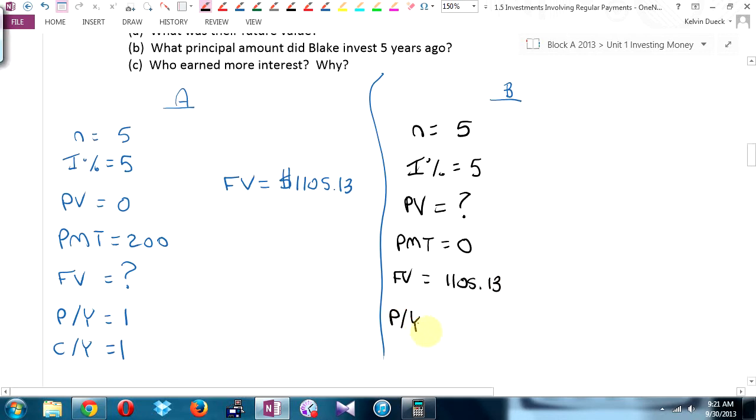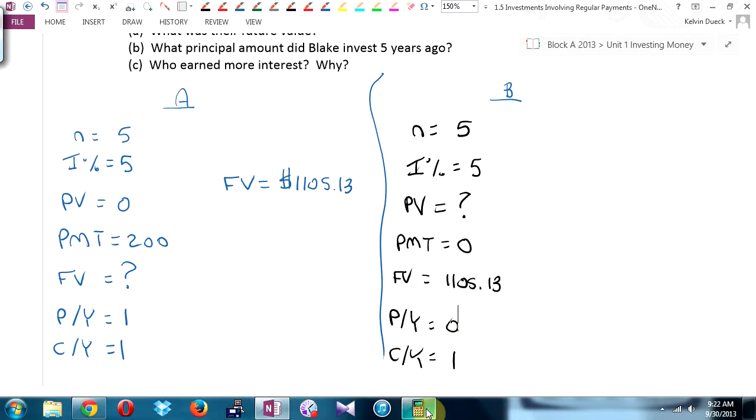Payments per year. 1 or 0? Oh, he's getting paid interest. It's compounded annually. It's once per year. Compound per year. I'm not sure. I'm thinking this maybe should be a 0. I'm going to temporarily put a 0 here and see if it gives me a glitch.